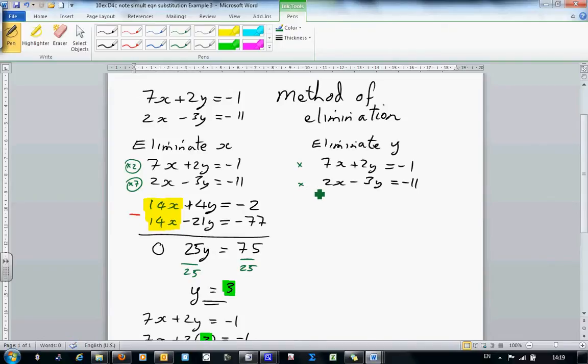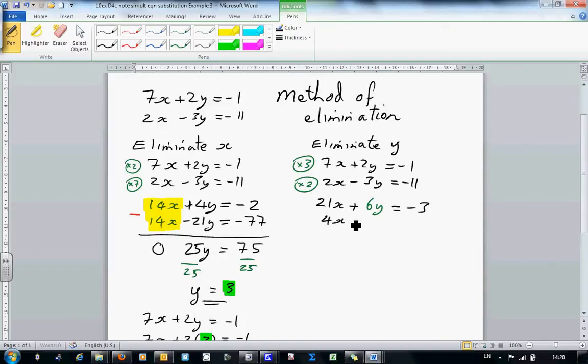Watch what happens. 3 times 7x is 21x. 3 times 2y is 6y. 3 times negative 1 is negative 3. 2 times 2x is 4x. And then 2 times negative 3y is negative 6y. And then 2 times negative 11 is negative 22.